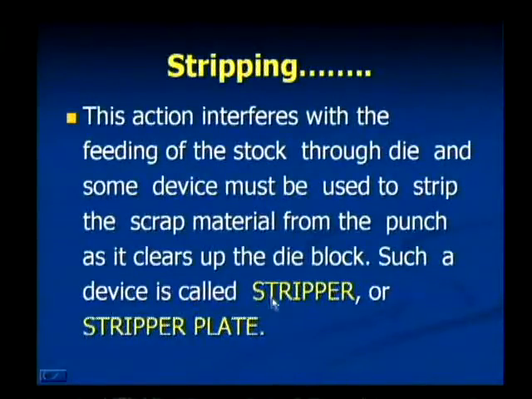Such a device is called a stripper or stripper plate. As was discussed just now, unless the waste material or scrap is removed from the punch, we cannot continue the process further. So, a plate known as a stripper plate is used. It is a device used for the stripping operation.